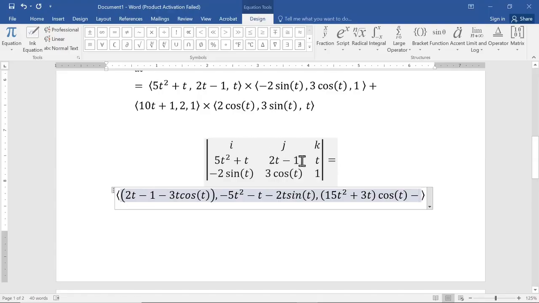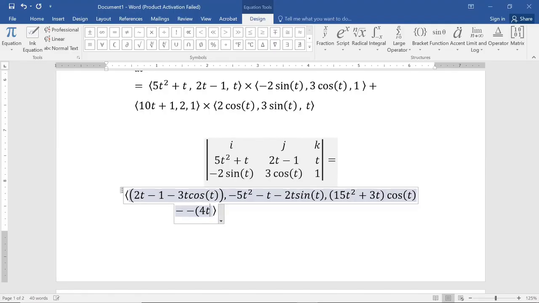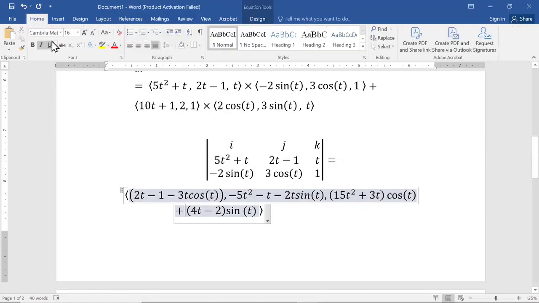So minus negative 2. Let's take 4t minus 2. That's what you get when you multiply 2 by 2t minus 1. And then that's in front of sine. Subtracting a negative gives you a positive. Let's see if we can make that a little bit smaller so that it can fit on one line.